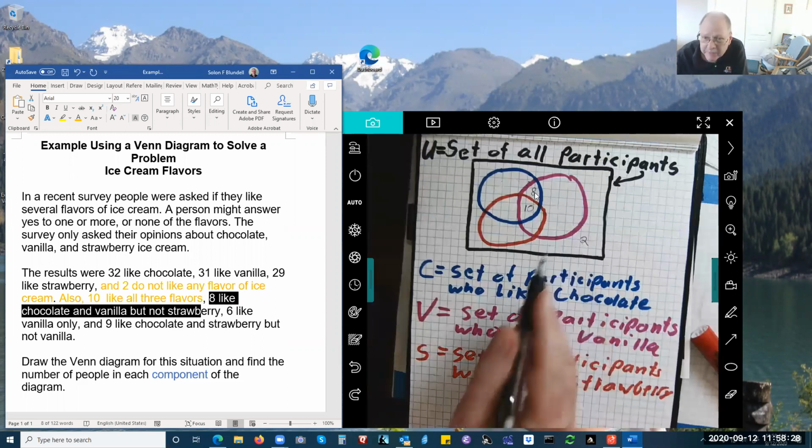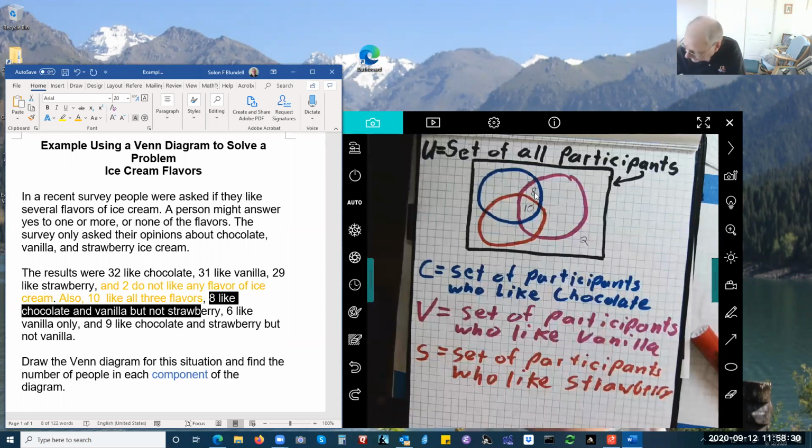Like these 2 people out here. Those guys are in the complement of C, not inside C. They're also in the complement of V, the points in U that don't belong to V. And they're in the complement of S, all 3.